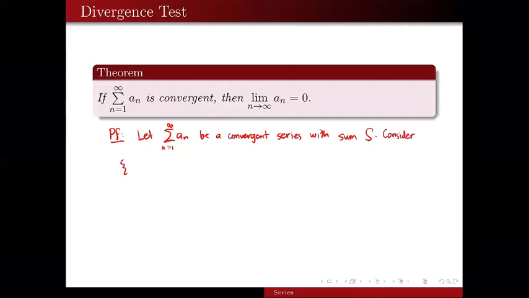Consider S sub k. Then S sub k minus S sub k minus 1 is equal to A sub k. Correct?